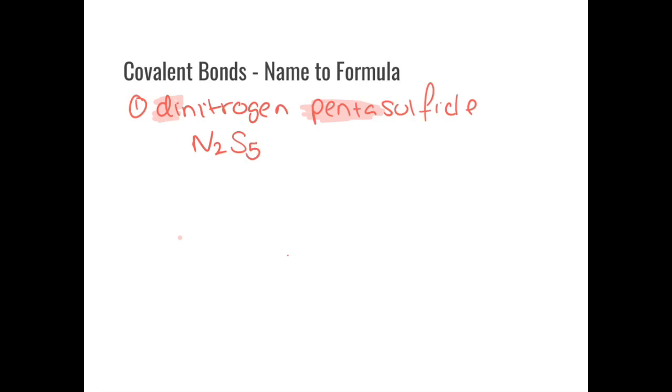So that's what you write for your answer. Let's try another one. How about carbon tetrachloride? So carbon is C, there's no mono there, so we don't have to write the 1. And then tetra is 4, so Cl4.